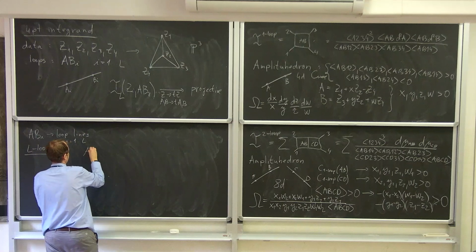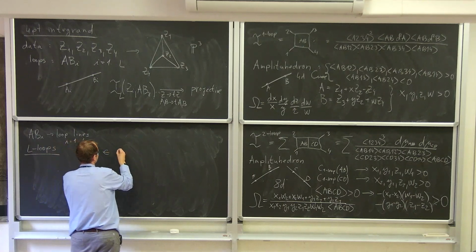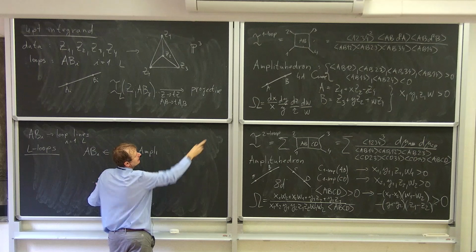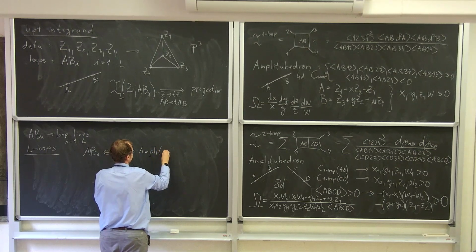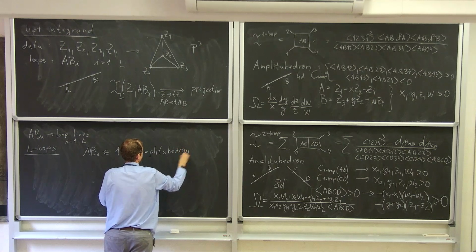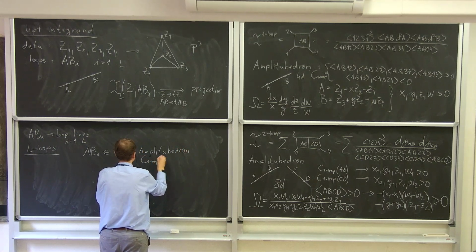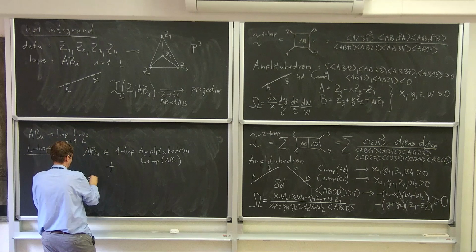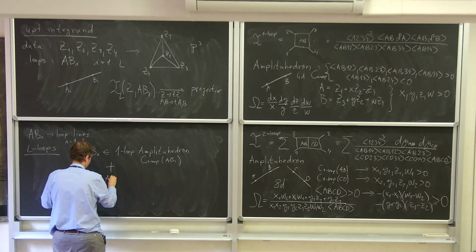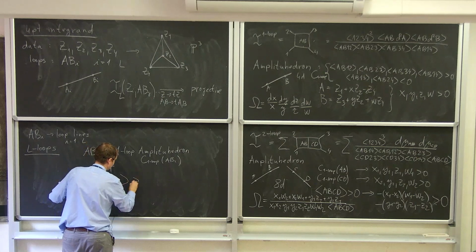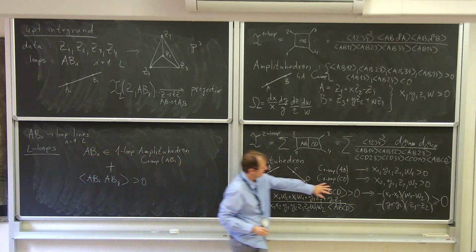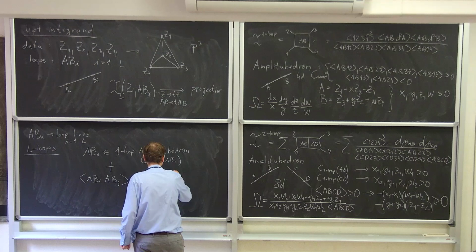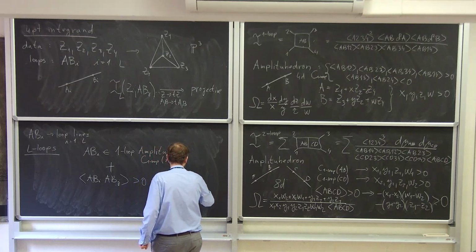And then the statement is that AB_i is inside the 1-loop amplituhedron, which means that it satisfies this set of inequalities. Plus, for any pair of loops, this bracket is positive, which puts a bunch of these conditions between any pair. So in the end, we get L choose 2 of these quadratic inequalities.